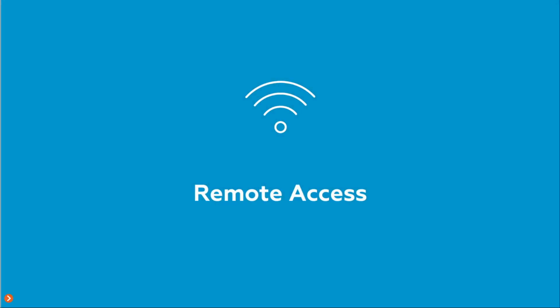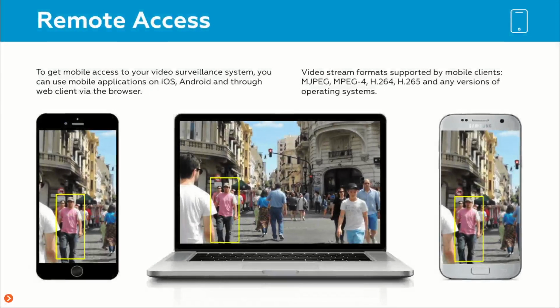Now let me tell you a bit about our remote access to the system. This works for all the channels which are installed with Eocortex video management software. You can access your cameras not only by sitting in the operator room and watching from the client application. You can always use your phone on the way home, or sitting in the countryside, or anywhere you have access to the internet.